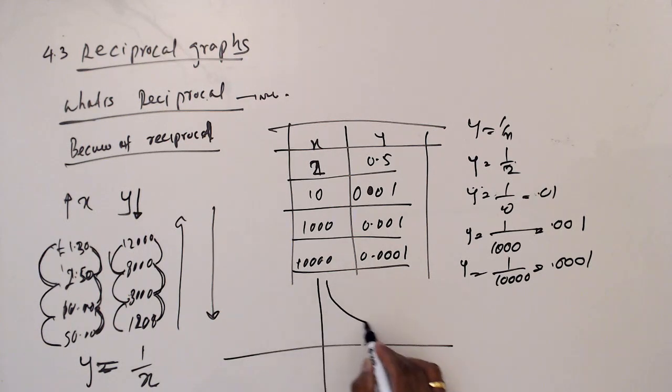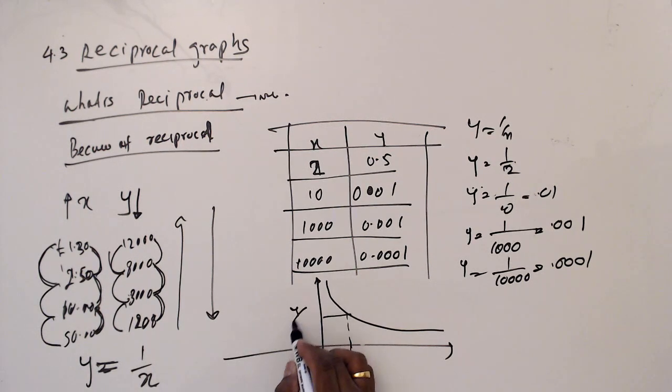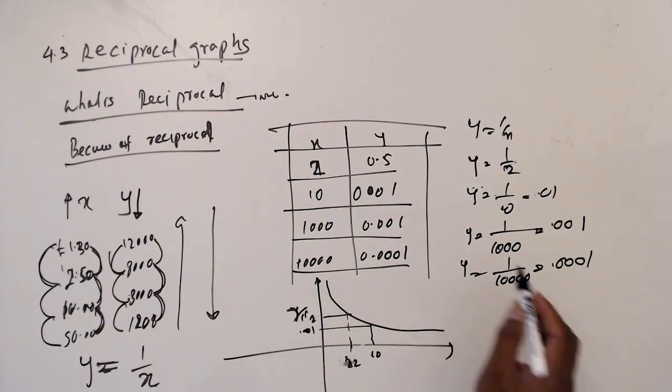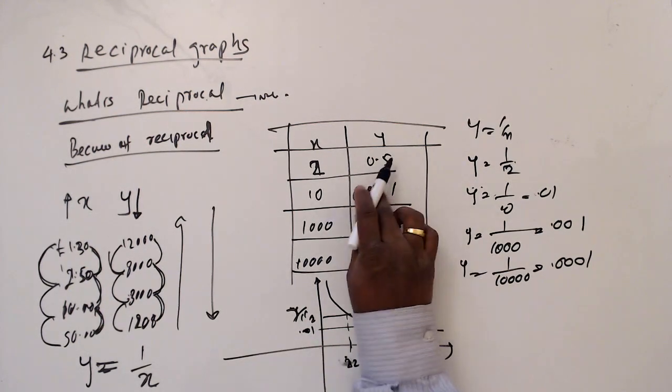It is this kind of graph. When x equals 2, y equals half. When x equals 10, y equals 0.1.